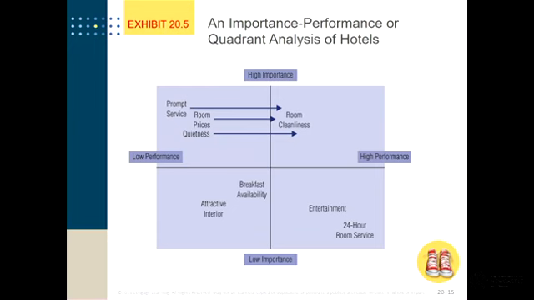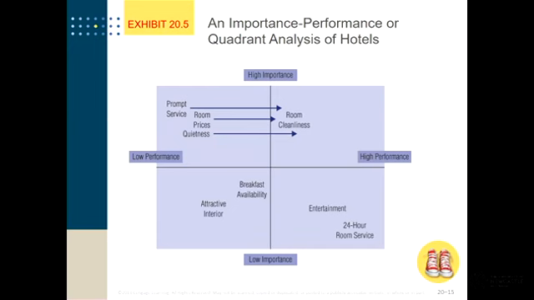Okay? So you can see at the top you have high importance, and at the bottom low importance. On the left you have low performance, and on the right high performance. So we have four quadrants, and each quadrant is a combination of importance and performance.